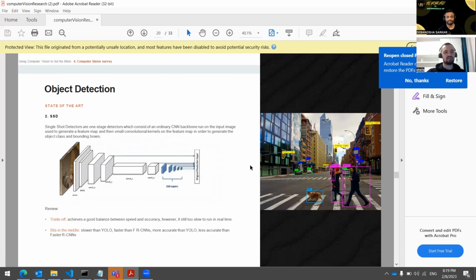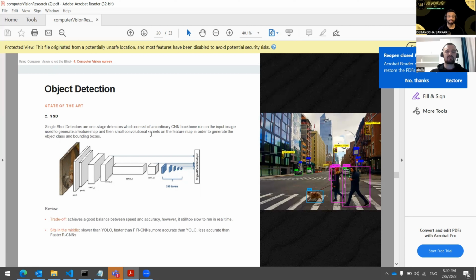Next, we have single-shot detectors. These are one-stage detectors which consist of just an ordinary CNN which is run on the input image, and that essentially generates feature maps, and then we have small convolutional kernels on the feature map in order to generate the object class and the bounding boxes.